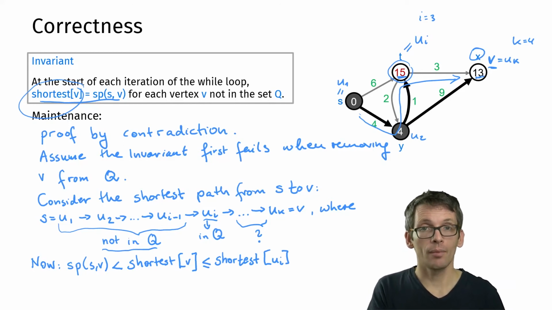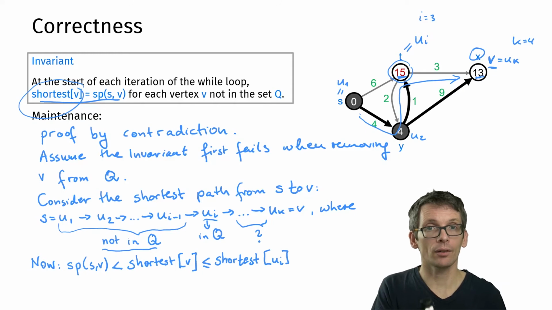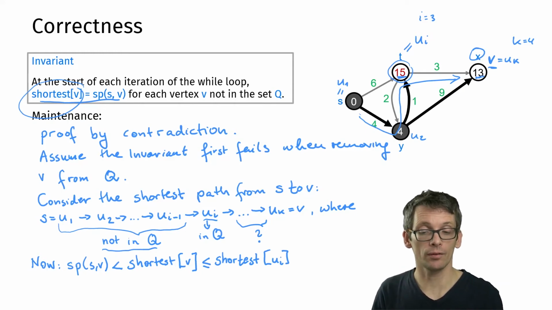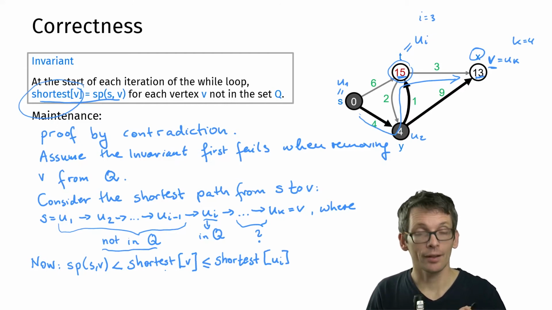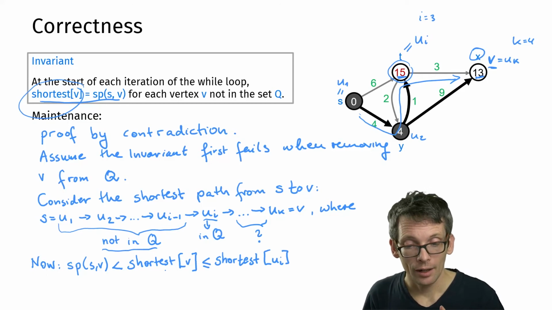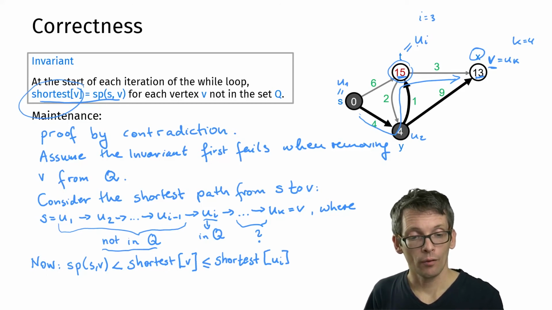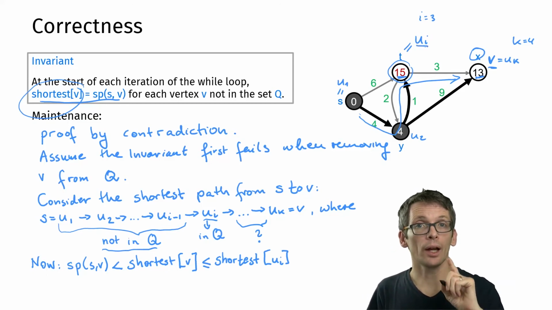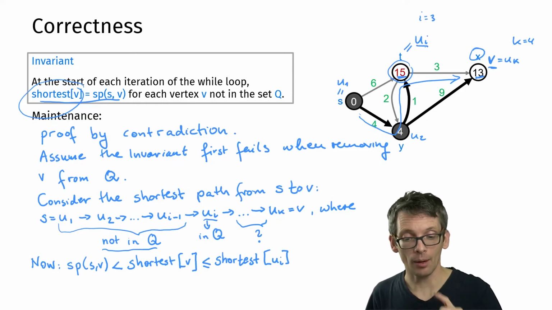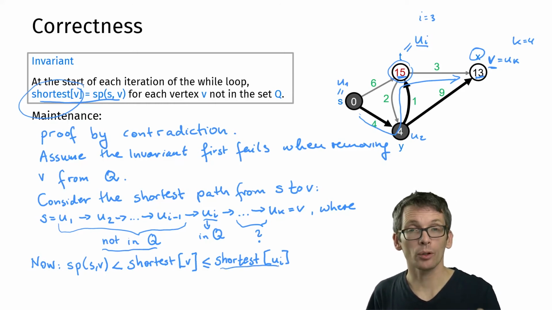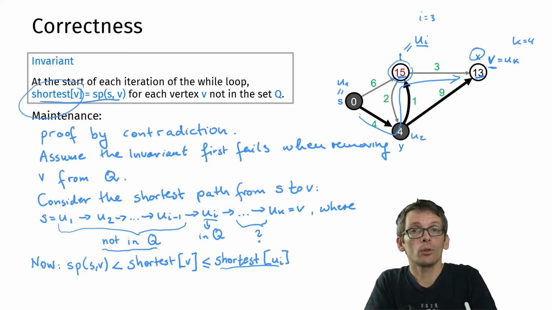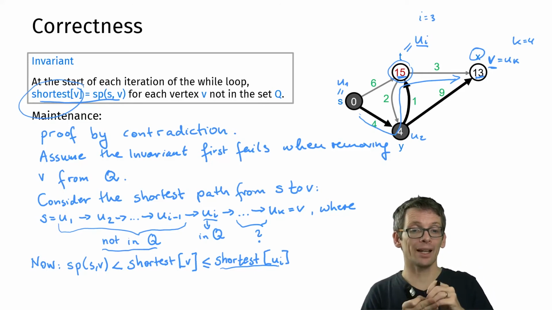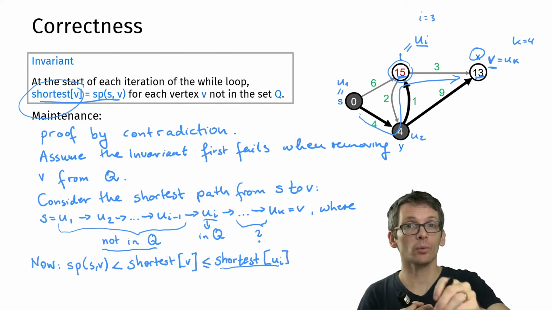And again, maybe this one doesn't exist, or it does exist because in doubt it's simply V. So it could also simply say shortest of V smaller equal shortest of V. That would be fine. Now, for UI, we do actually have an upper bound on the shortest of UI because we know that UI minus 1 is not in Q. And when we took UI minus 1 out of Q, we relaxed the edge from UI minus 1 to UI.